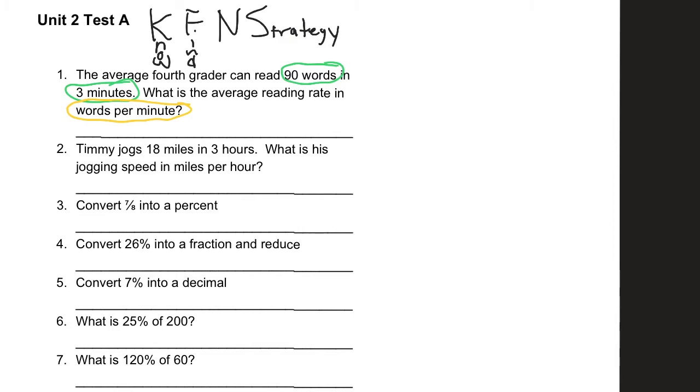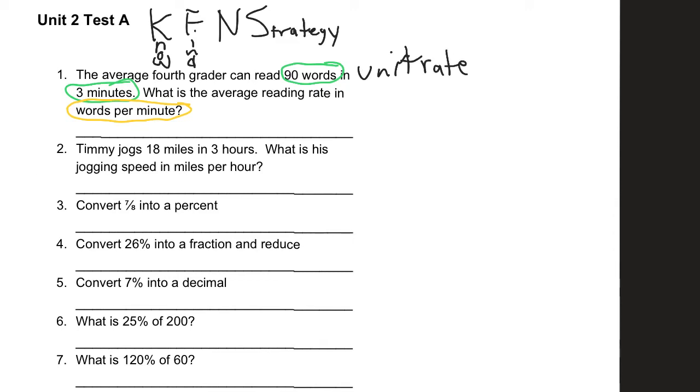Okay, what is my strategy? Well, when I see something per minute or something per something, I'm thinking unit rate. So I'm just going to write this out here on the side. Whoops, unit rate.